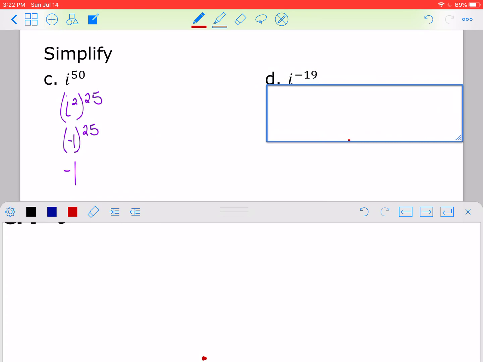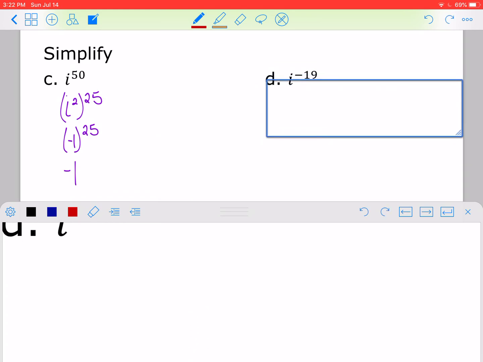Well, negative 20 plus 1 would be negative 19. So that's fair. So this would be i squared to the negative 10. That would give us i to the negative 20. Bring down the times i. So that's negative 1 to the negative 10 times i.